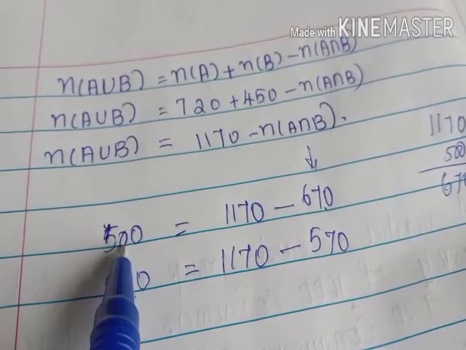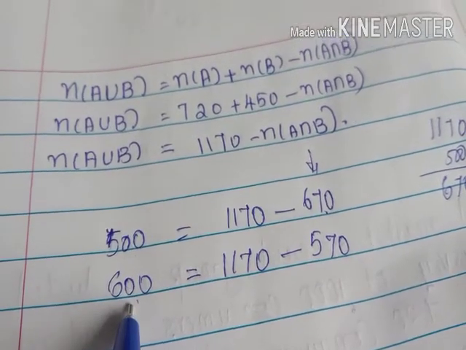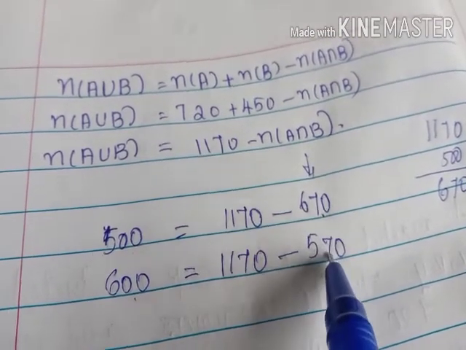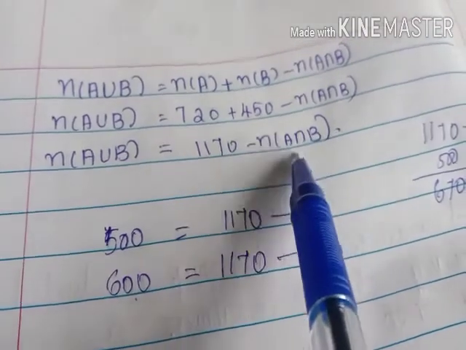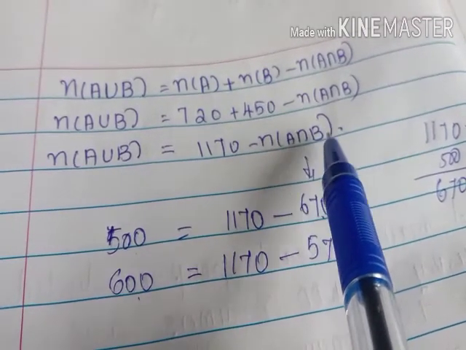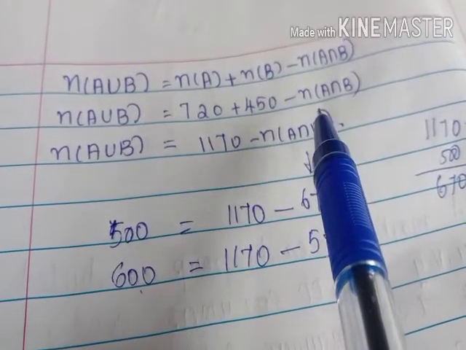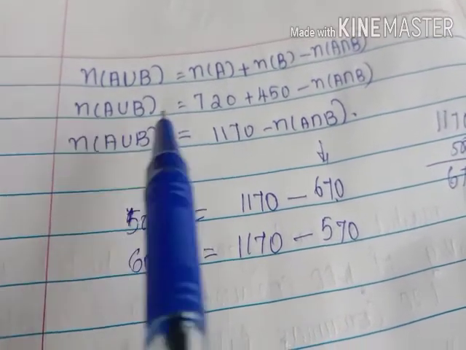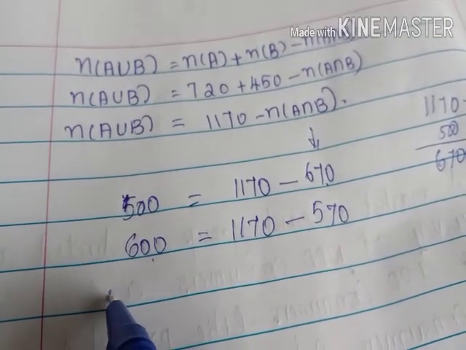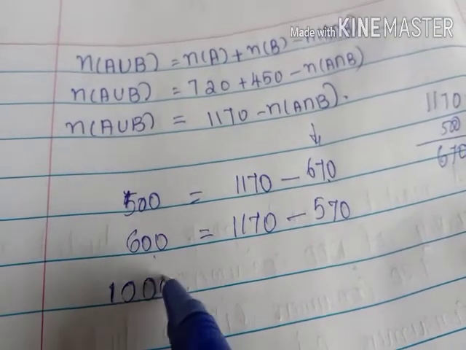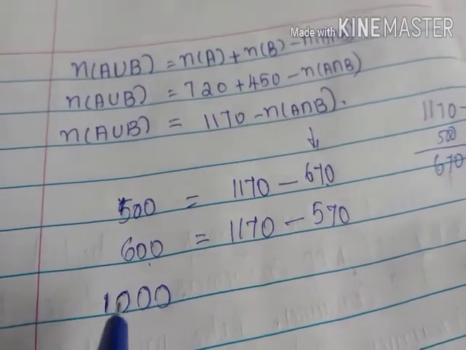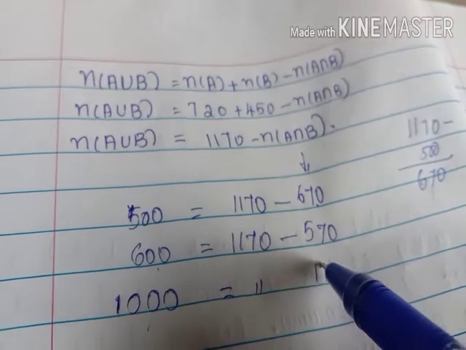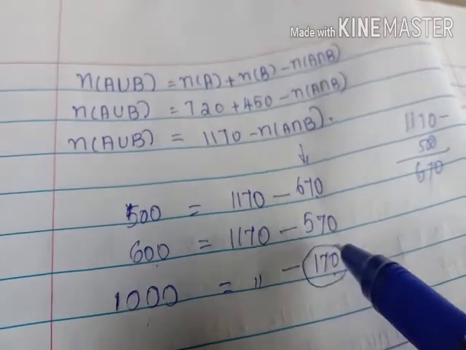As the value of n of A union B increases, automatically the value of n of A intersection B decreases. So n of A intersection B is minimum only when n of A union B is maximum, and the only chance is n of A union B is 1000, because our maximum value is 1000. In this case n of A intersection B becomes 170. It becomes the least value.